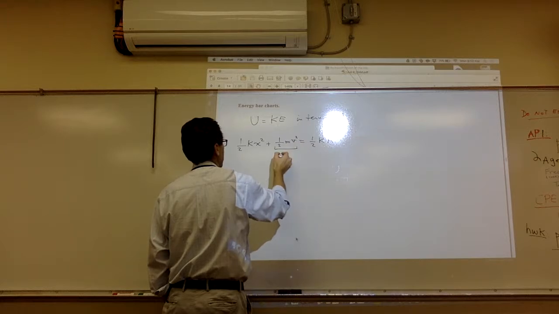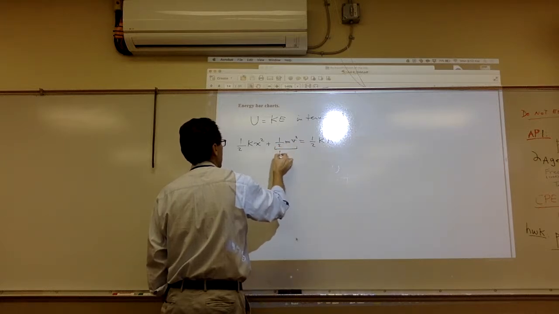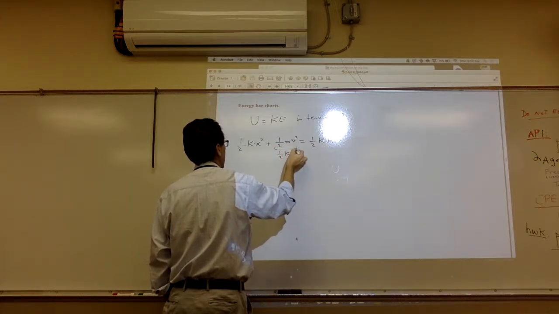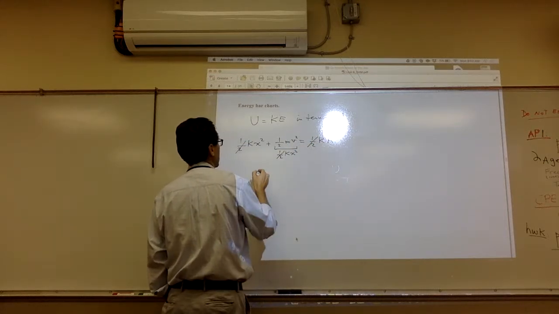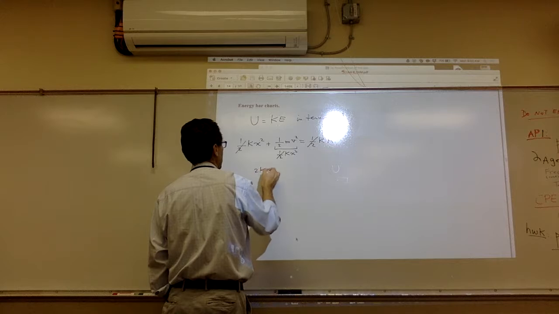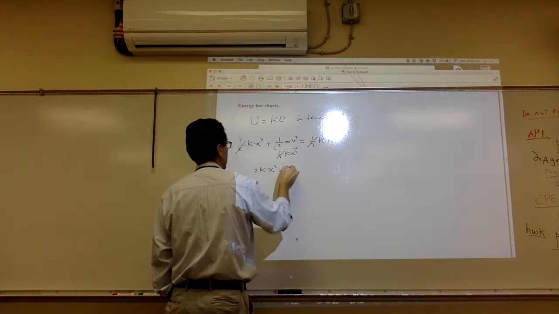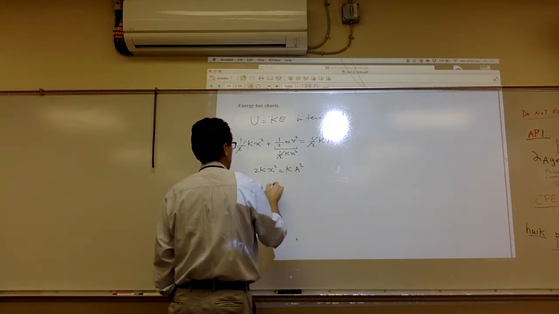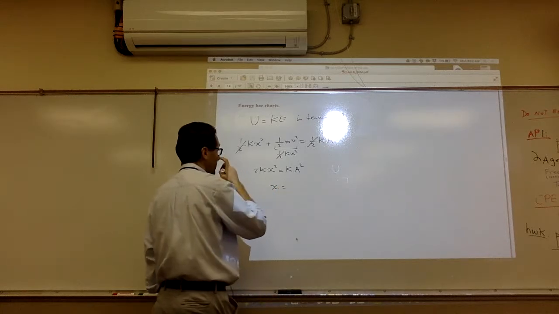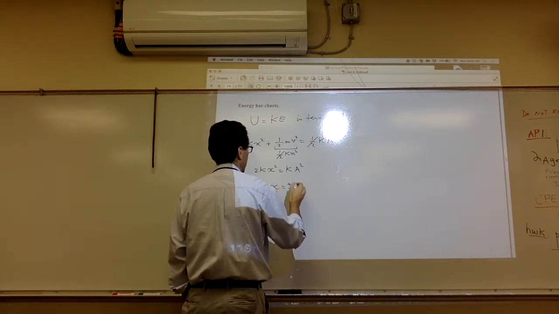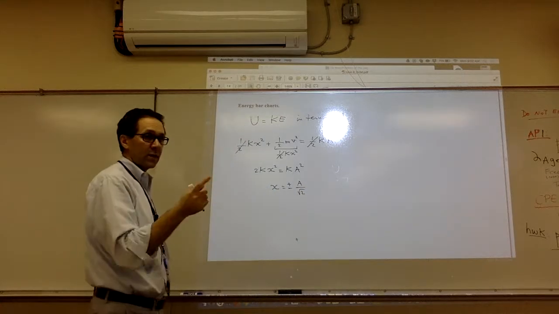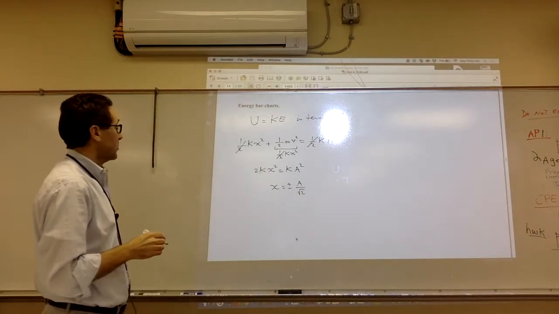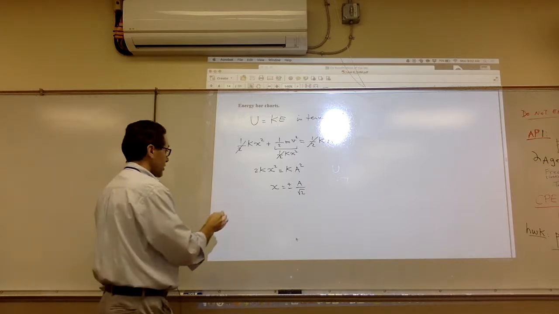So I'm basically saying that this 1/2 m v squared is just 1/2 k x squared. So we have 2k x squared is k a squared, which means x is equal to plus or minus a over radical 2. So at this exact location on either side of the equilibrium, your elastic potential energy and your kinetic energy have to be the same.